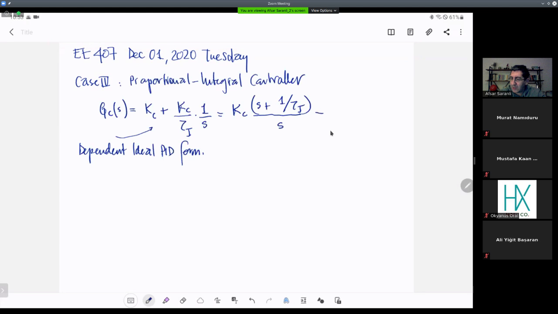So that is also Kc times S plus alpha, where alpha is equal to 1 over tau I, our so-called integral time constant, divided by S. If you look at the proportional integral controller, it adds an integrator, a pole at the origin, but it also adds a 0 at the same time at minus alpha, which is equal to minus 1 over tau I.